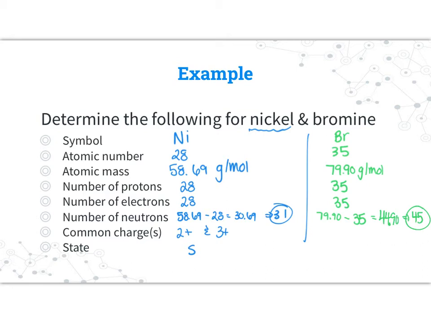The most common charge for bromine, the only charge for bromine, is negative, so -1. Because bromine is blue on our periodic table, it is a liquid at room temperature. So it's important if you're going to print your periodic table that you print it in color if at all possible, because the colors are important.